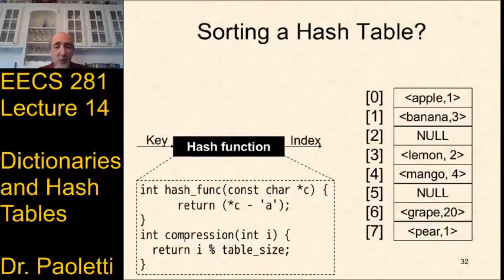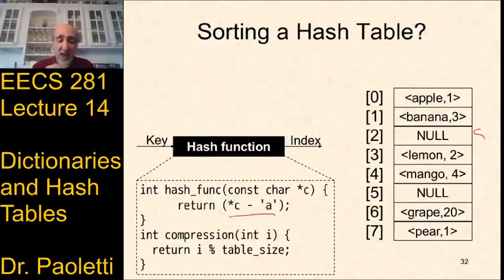Even though we used a really simple hash function, the letter minus a, because we didn't make it as big as the number of letters, we got an ordering that isn't alphabetical order. If we had collisions, if I added apricot to this, maybe apricot would end up here, which is after the B's. It's not in alphabetical order.